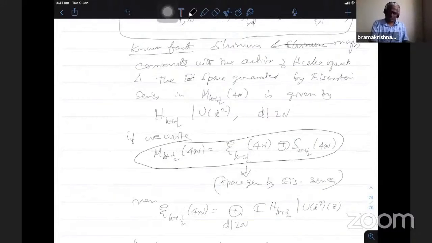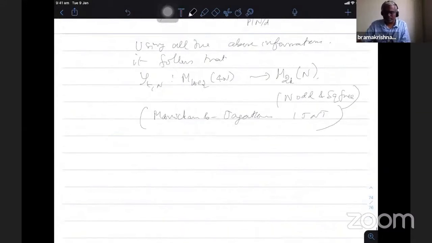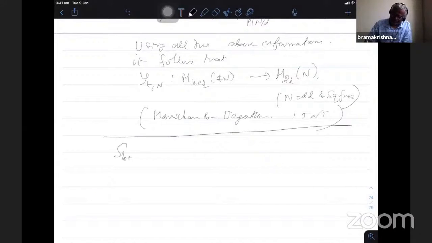Okay. So therefore we have this in terms of the Eisenstein series and cusp forms, and the cusp forms are further decomposed into newforms outside the plus space, and there are newforms inside the plus space and their duplications. That we'll write in one line. So S_{k+1/2} of 4n is, I take out the newforms outside the plus space, new of 4d, and then its duplication, d dividing n.